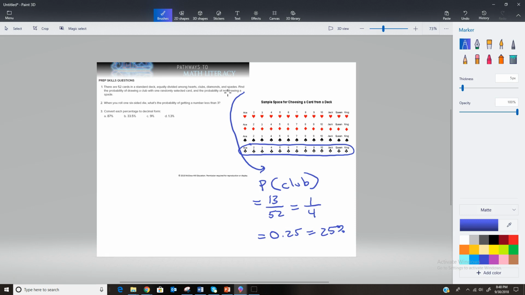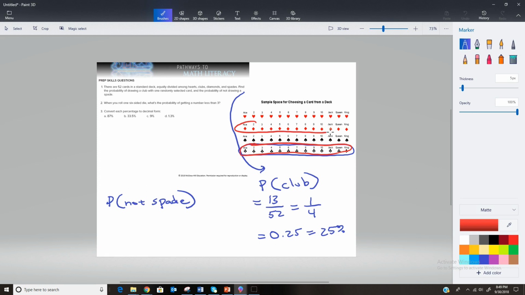Okay, so then the other one is the probability of not drawing a spade. So if we look back here at the sample space, for the probability of not spade, we would choose anything that's not a spade. Let's change colors here. So I'm going to circle all the things that are not a spade. The clubs are not spades.